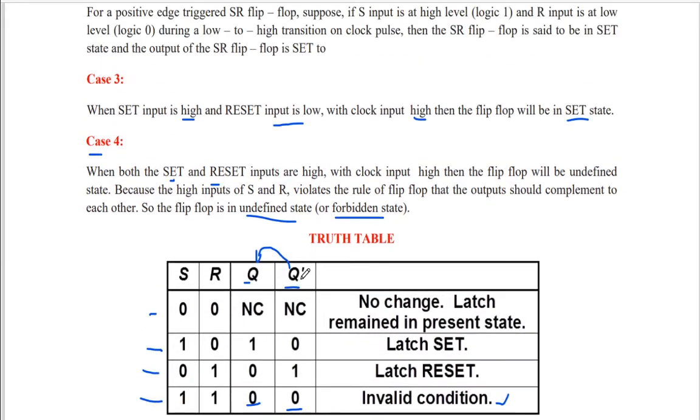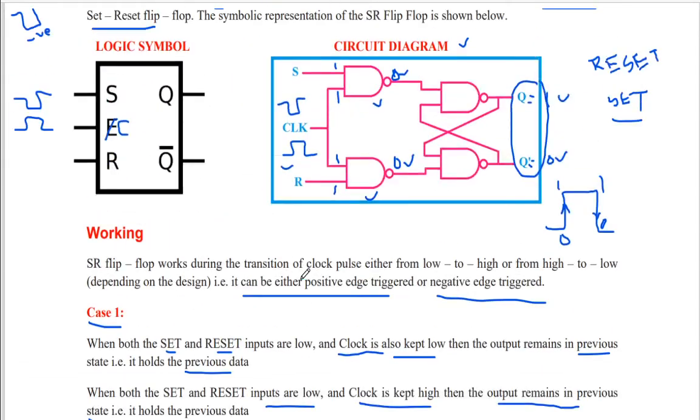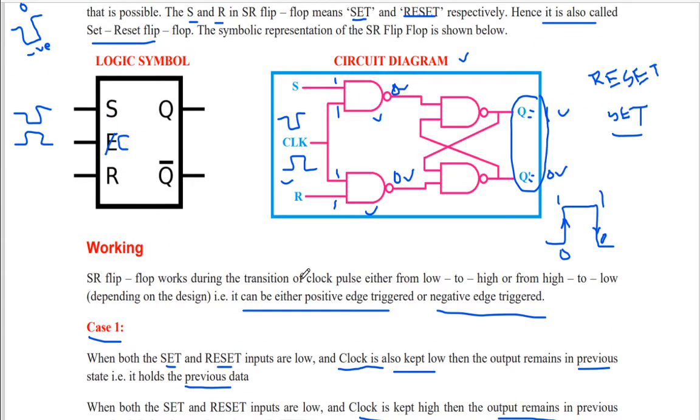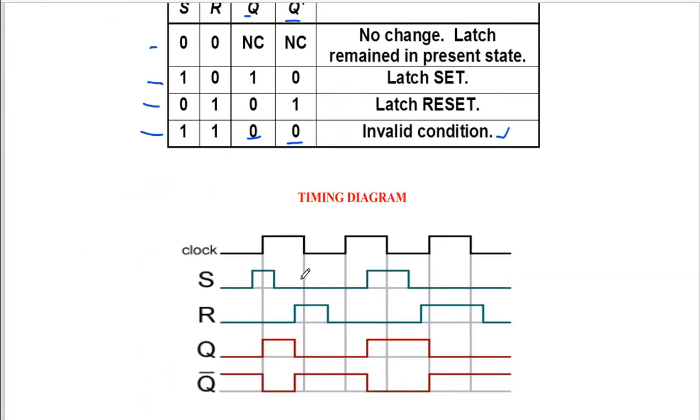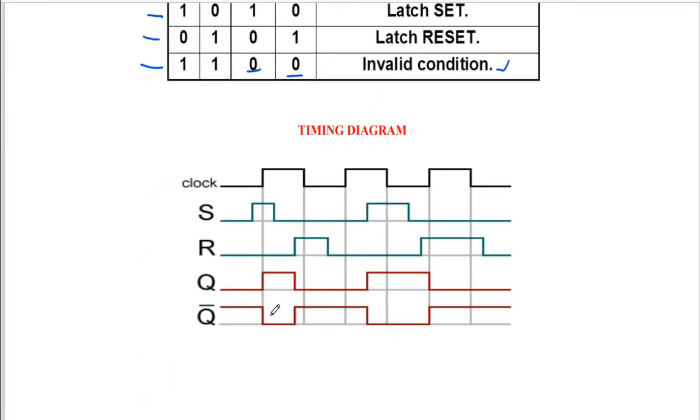So this is how you need to explain the SR flip flop. This is similar to the SR latch that we had. Now you have the timing diagram for the SR flip flop.